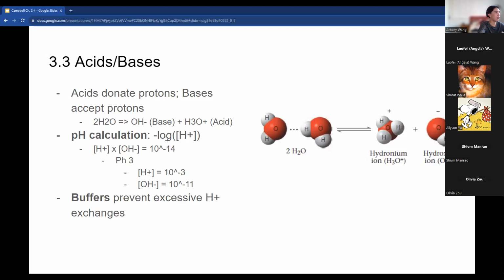It's the negative log of the concentration of hydrogen. Let's say the concentration of hydrogen is 10 to the power of -2. That means the solution has a pH of 2. If it's 10 to the power of -4, that means it has a pH of 4.